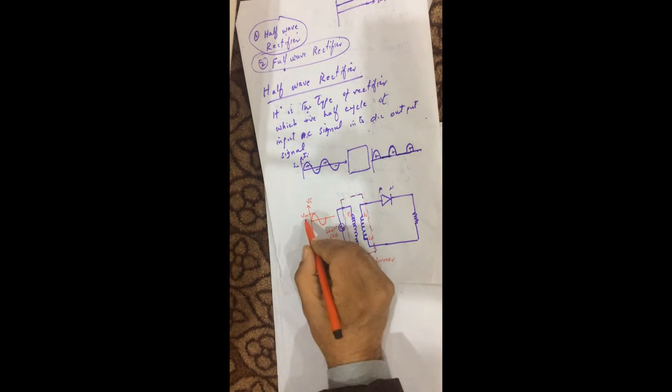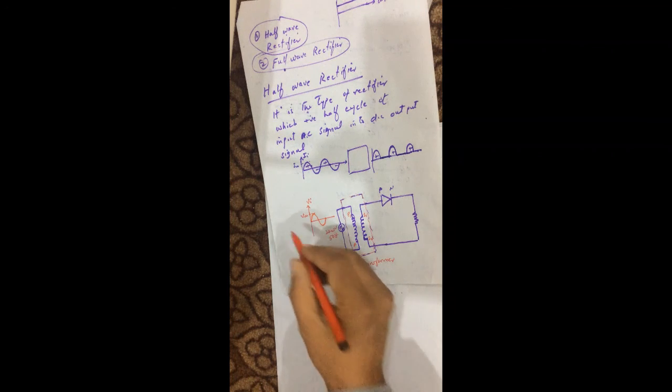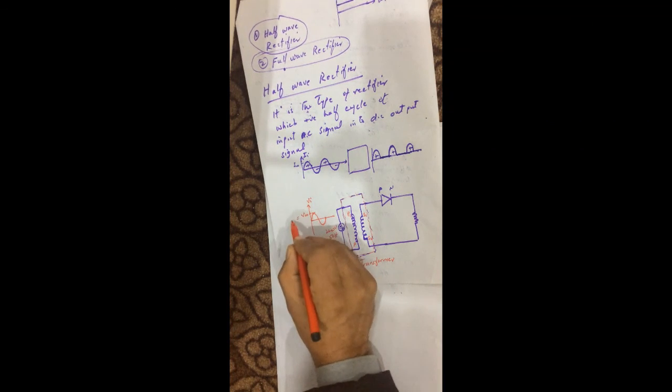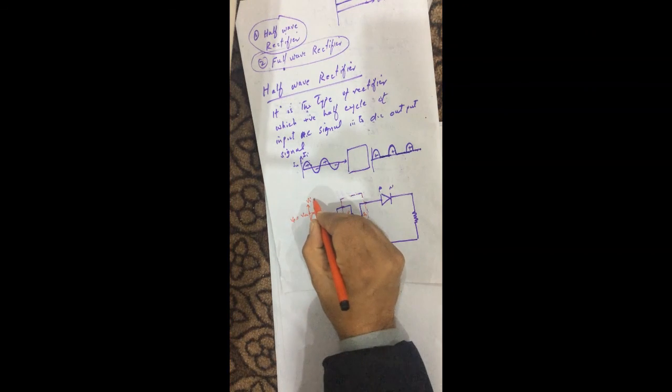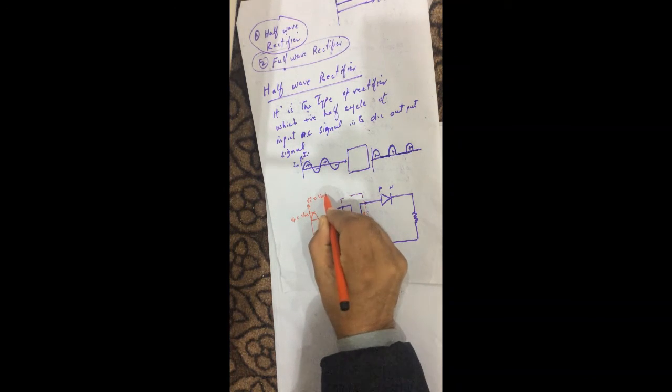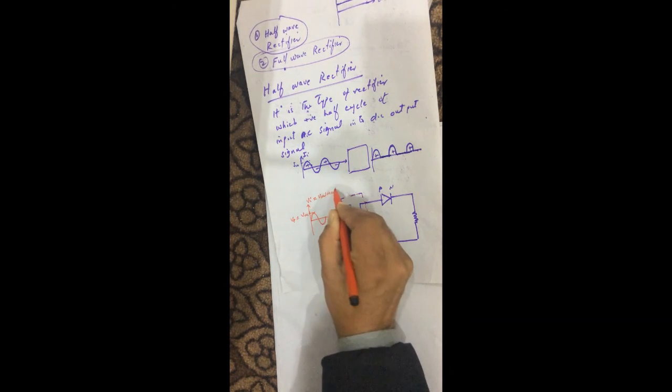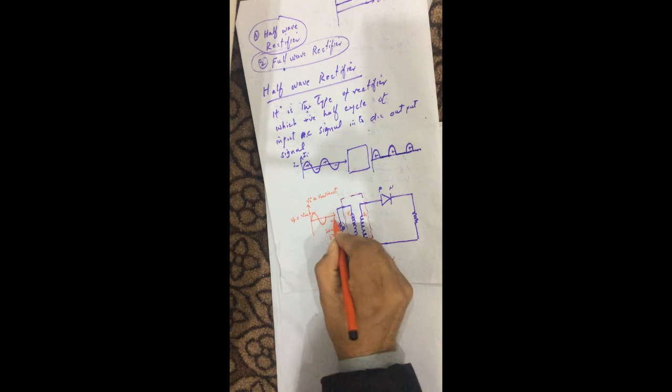Some books use the notation Vm, and some books use another notation, Vp. So maximum voltage or peak voltage, it's the same meaning. And this Vi is equal to Vm sine omega t. This is the definition of voltage or current.